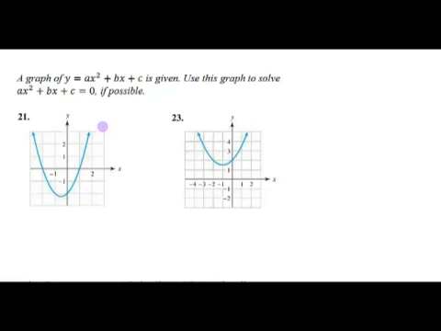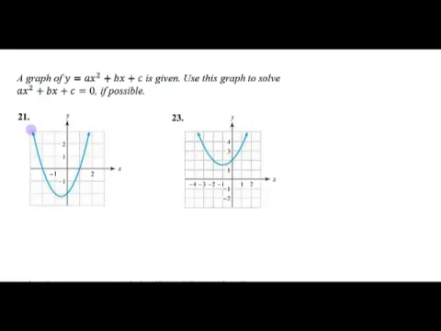So what we'll have to do is try to use the graph to teach us to solve here. The only thing that's different between these two equations is that y is 0. So we have the graph of that equation, and we're using it to solve this equation where y is 0.